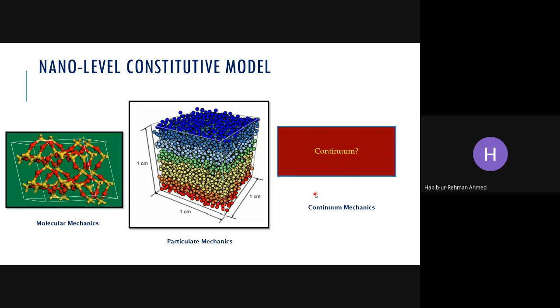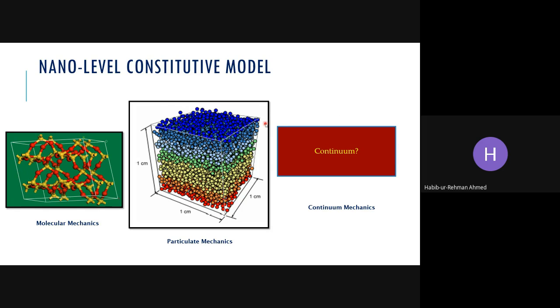None of the materials on the surface of the earth, including steel, is continuum. There is atomic bonding present inside the steel, and different types of bonding: some weak bonds, some stronger bonds. Even the necking behavior of the steel, or the failure surface of the steel, shows that steel is not a continuum material. I don't want to go into detail, but I just want to give you a message. We are forced to consider it as continuum material because we need simplicity. We cannot go into advanced modeling every time.